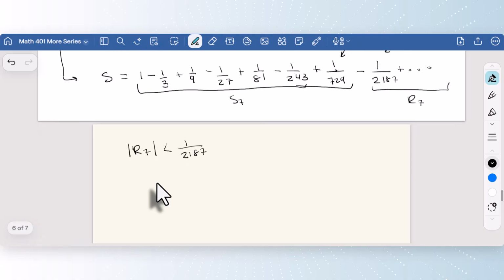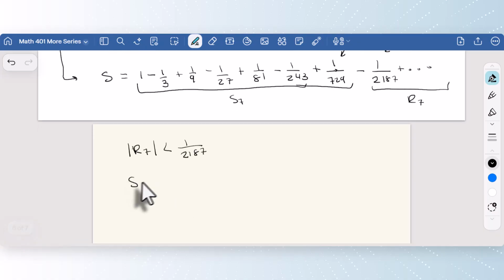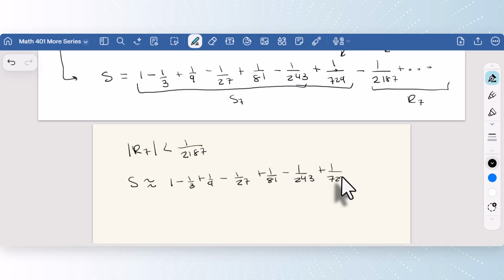So that means that my sum approximation will be 1 minus 1/3 plus 1/9 minus 1 over 27 plus 1 over 81 minus 1 over 243 plus 1 over 729, and then my error, meaning the whole rest of this, is going to be smaller than the next term.